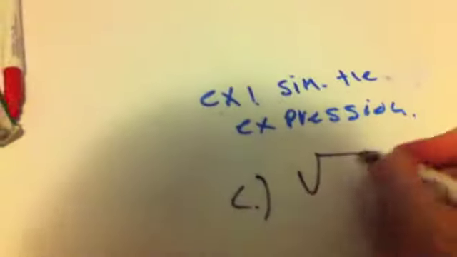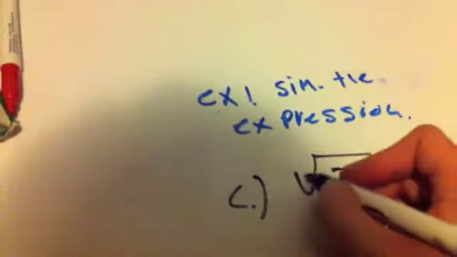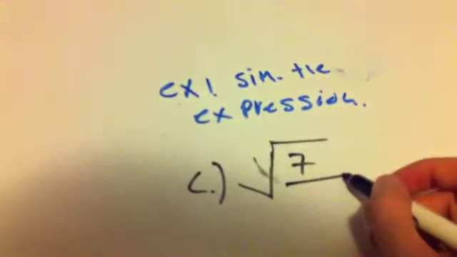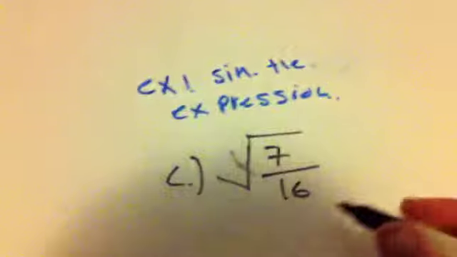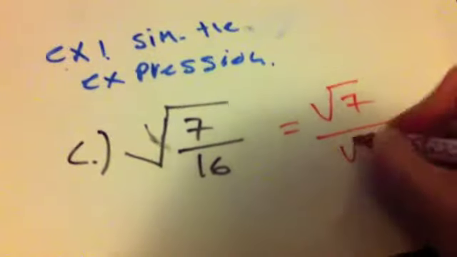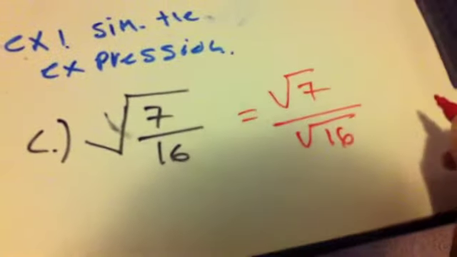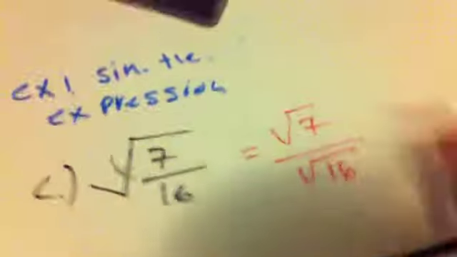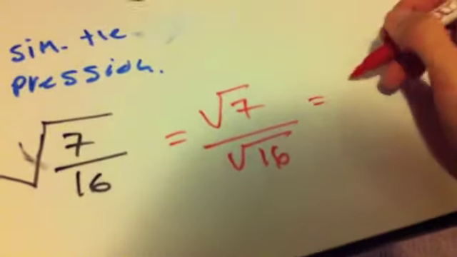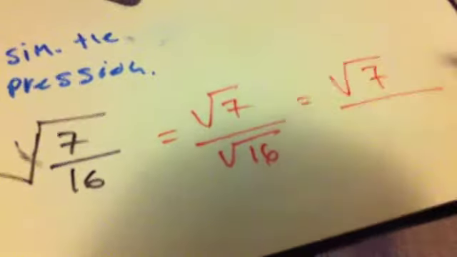Say we have the square root of 7 over 16, all under one radical. Now, using the quotient property, I can break that up into the square root of 7 over the square root of 16. The square root of 7 doesn't simplify because there's nothing pretty that can make 7, so 7 stays the way it is.